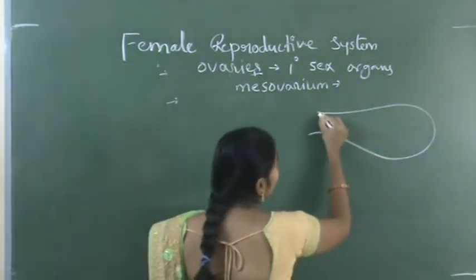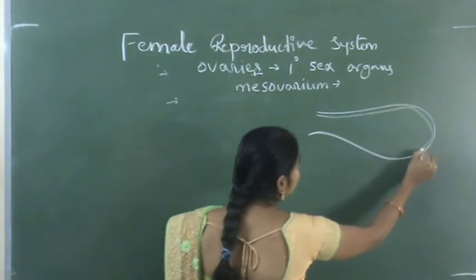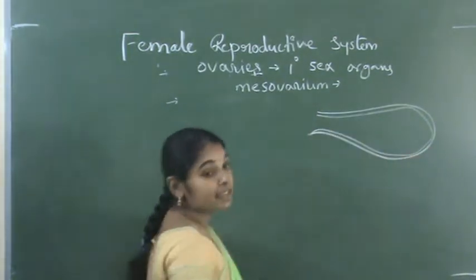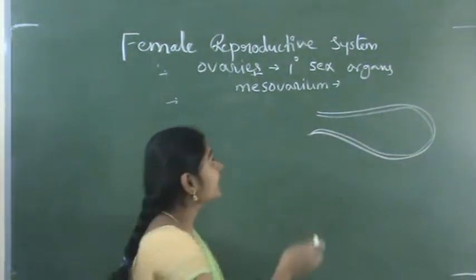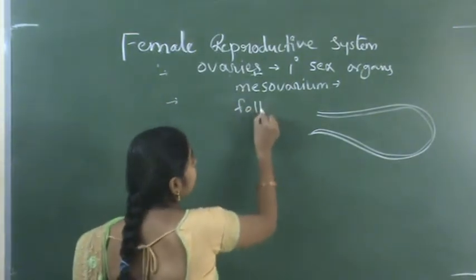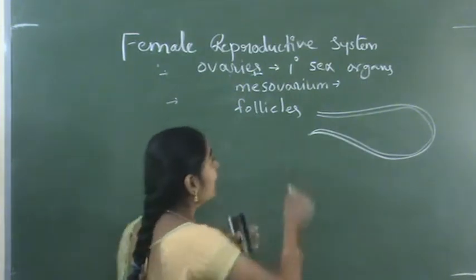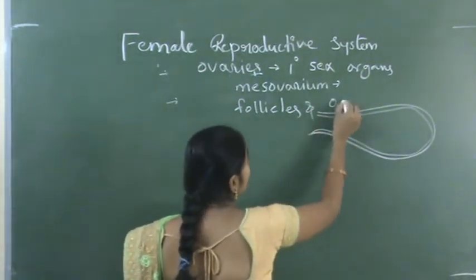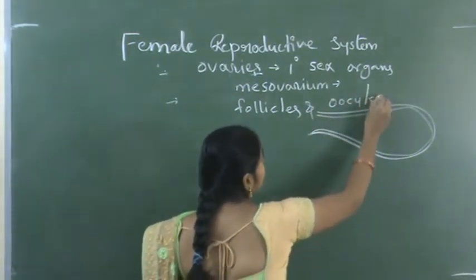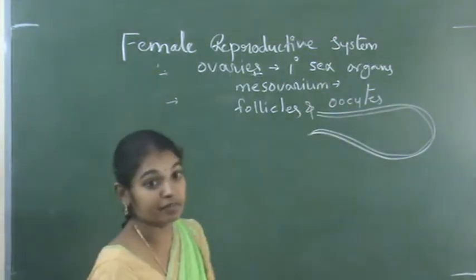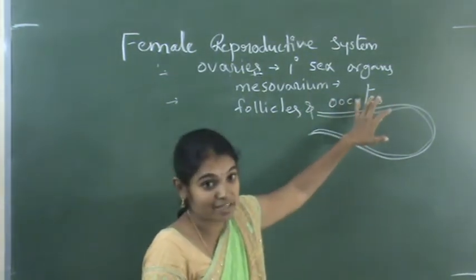When we see the structure of the ovary, it contains follicles at different stages, as well as the oocytes, from which the ovum is developed.